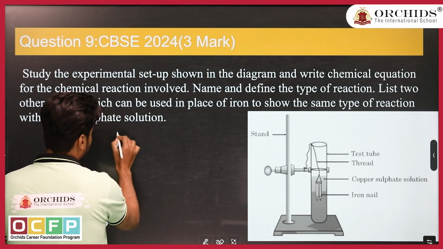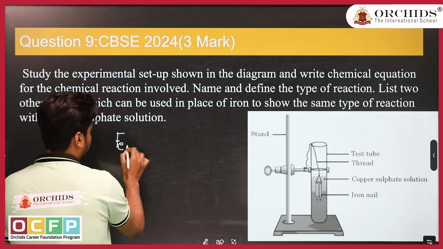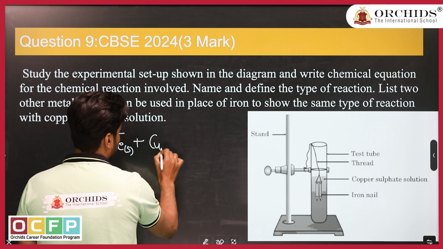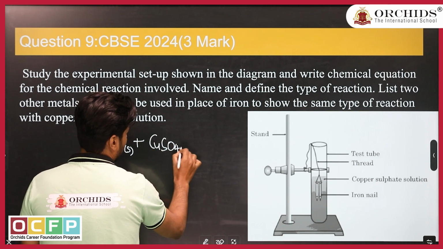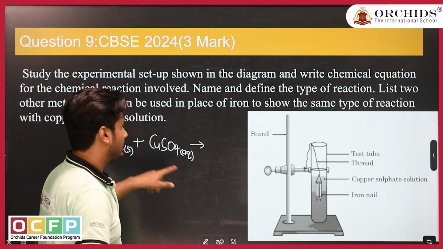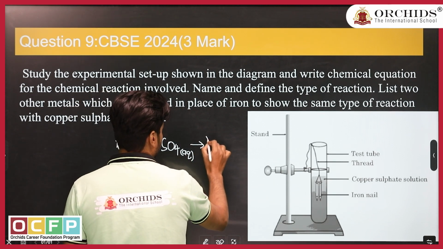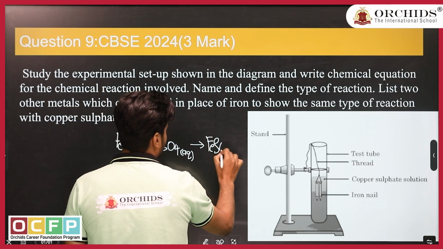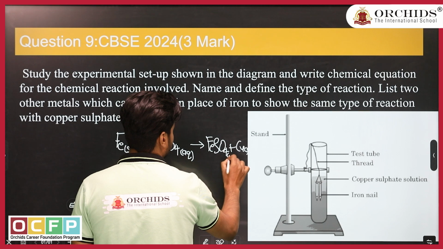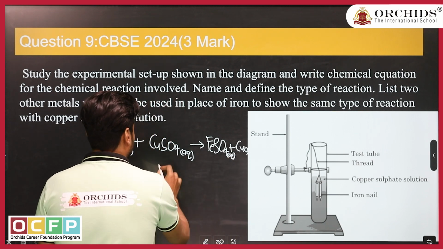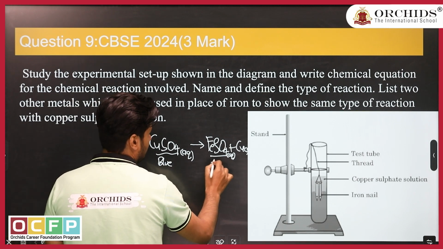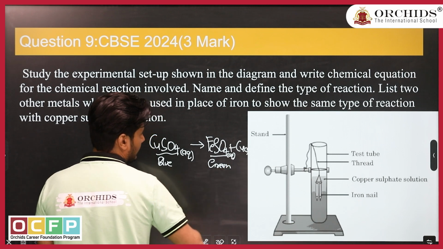So we have iron in solid form that is dipped into copper sulfate, CuSO4, that is in aqueous form. So when iron reacts with copper sulfate, it produces FeSO4 plus copper solid. CuSO4 is blue in color and FeSO4 is green in color.